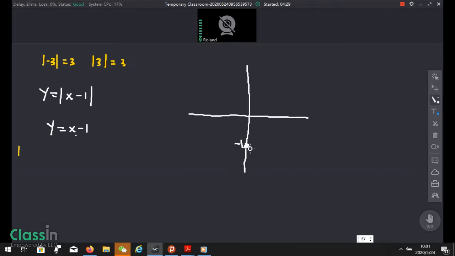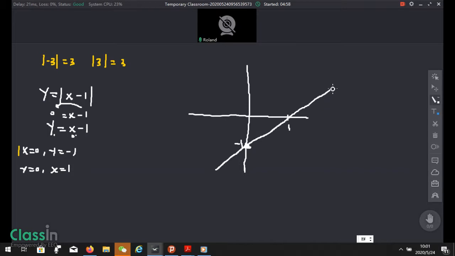If y is 0, x will be 1, because 1 minus 1 is 0. So this will be the graph of a straight line of y equals x minus 1.